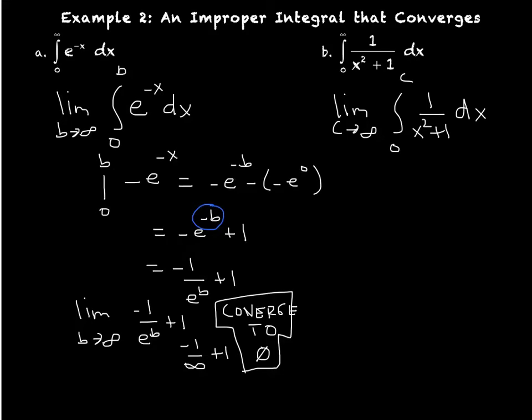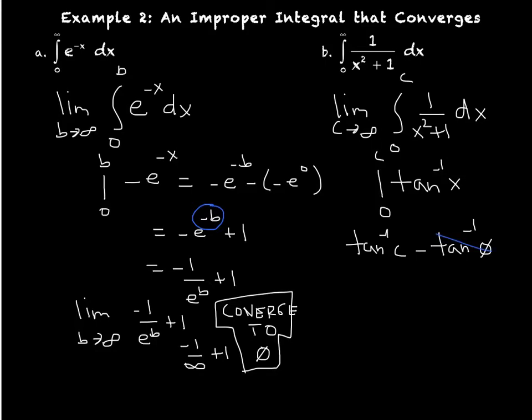All right, if we integrate this, we recognize this to be the inverse tangent of x, evaluated at the upper limit minus the lower limit. And then we plug in our c, so inverse tangent of c minus the inverse tangent of 0. Well, the inverse tangent of 0 is simply 0, so that's going to go away.